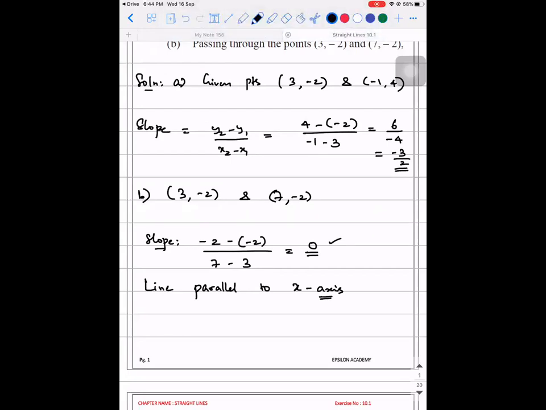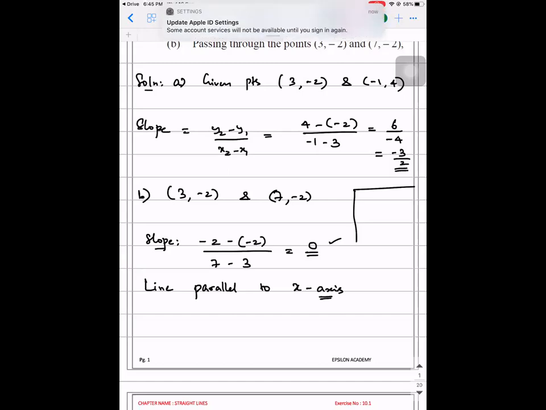Since the points are given as minus 2 and minus 2 instead of 0. I'm able to understand. Can you be more clear on that? It doesn't pass through the origin. How do you know it is passing through the origin or not? Not necessary that every time they should give you the origin. See, had the line been the x-axis, it would have been 3 comma 0 and 7 comma 0.